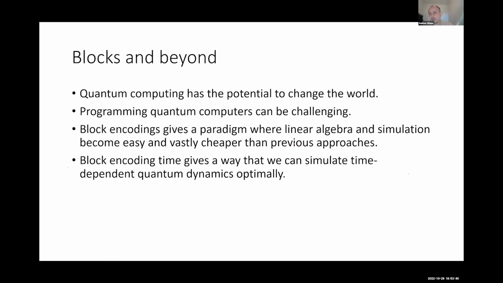Tons of things are direct consequence of these ideas. By using them, we end up getting ways of implementing linear algebra, like the matrix inversion problem that I showed, or Hamiltonian simulation vastly faster. And so because these are so important, it really is important to start taking a look at what co-design ends up meaning for block encodings.